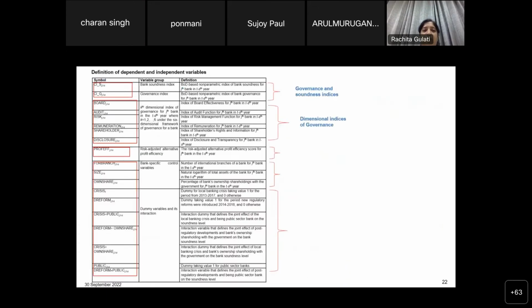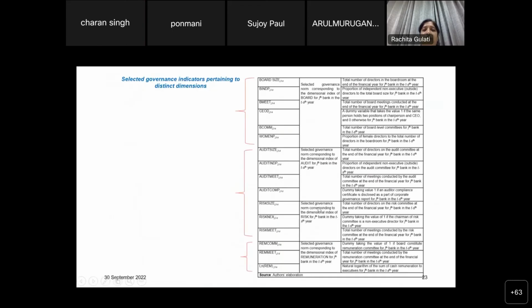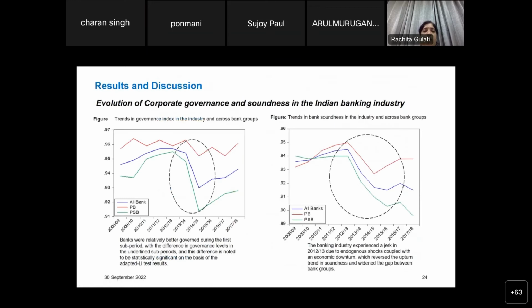In the second specification, we have tried to link the dimensional indices of the governance with the overall soundness. And in the third specification, we attempted to link the selected governance indicators pertaining to the distinct dimensions with the bank soundness. Now, looking at the results and the discussion.